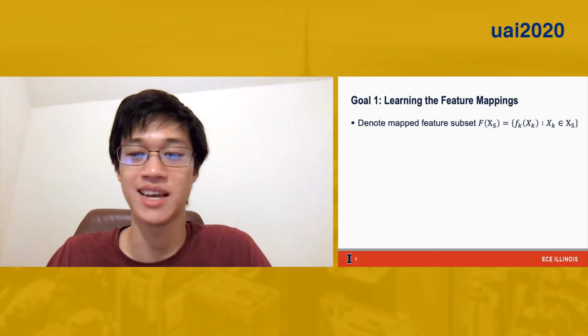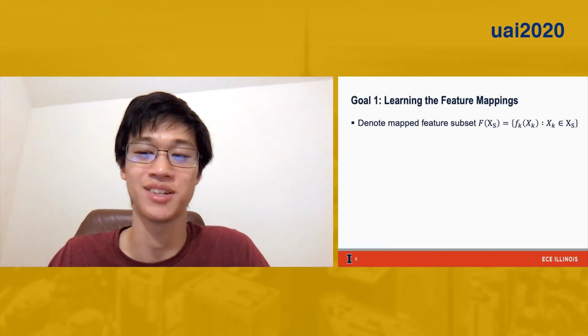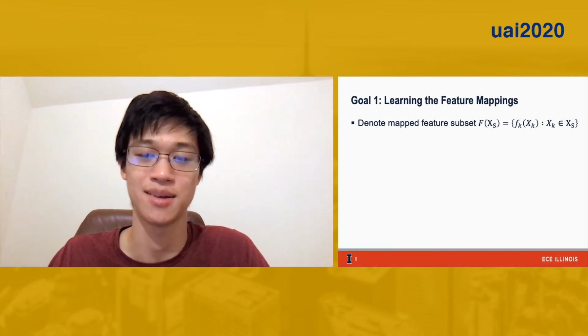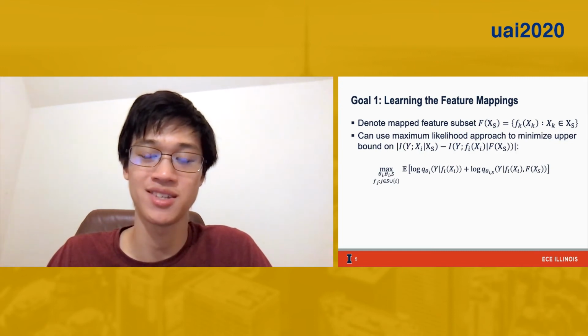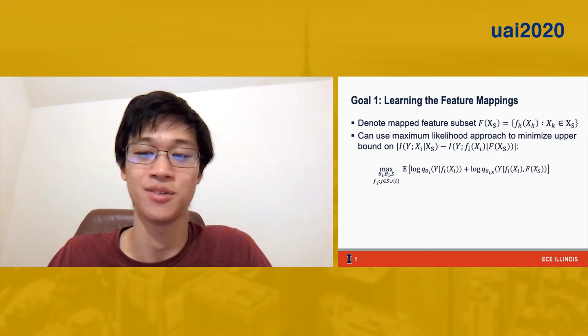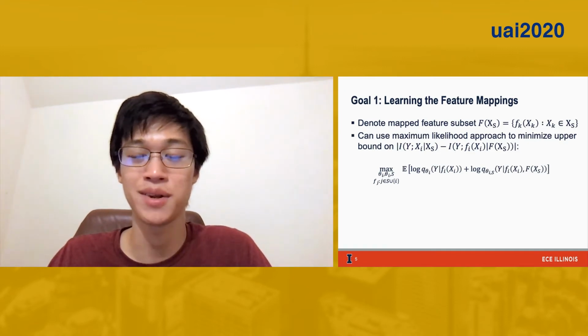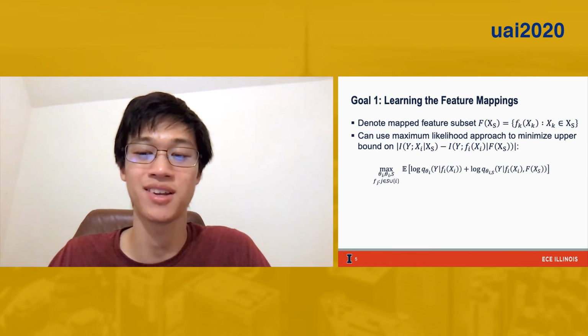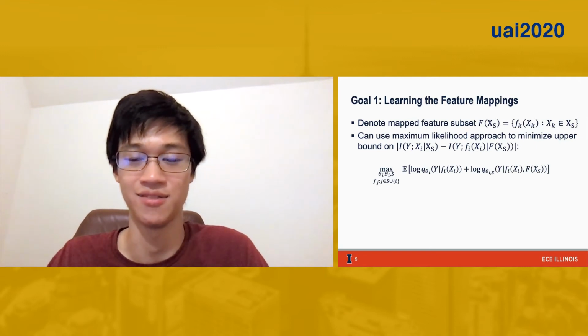First, we're going to use f of x sub S to denote the set of mapped features corresponding to feature subset x sub S. Suppose that we have two distributions, q theta I and q theta IS, with learnable parameters. We can minimize an upper bound on the mapping-induced CMI estimation error by maximizing the data likelihood of the learnable distributions over the parameters of the distributions and the feature mappings.